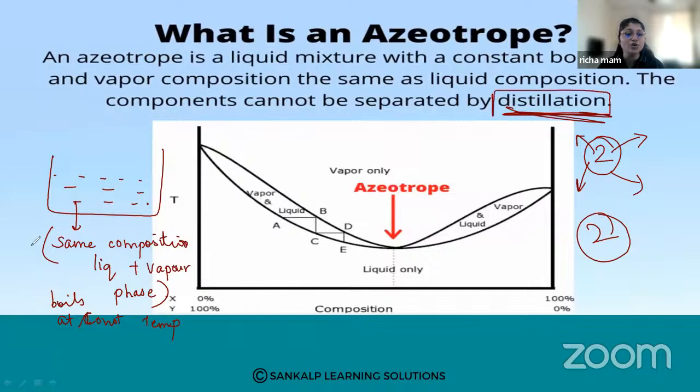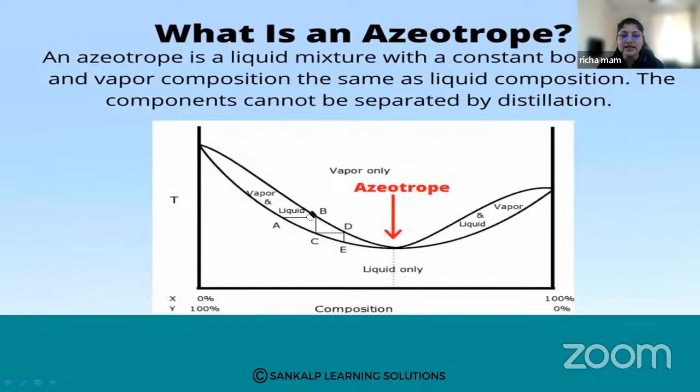But this azeotropic mixture cannot be separated by distillation. Here you can see the liquid composition and the vapor composition: the azeotropic mixture boils at constant temperature and has the same composition in the liquid phase as well as in the vapor phase.